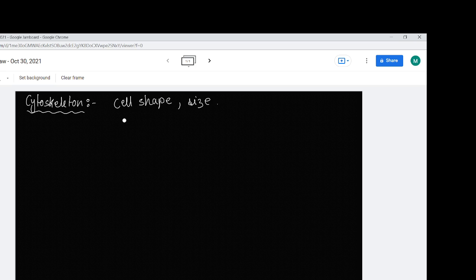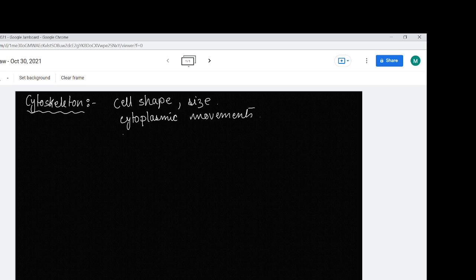Also, they will help in movement. The cytoplasmic movement that takes place will be due to this cytoskeleton. So, different types of cytoplasmic movements. Then the movements of cilia, flagella, spindle fibers, or the formation of spindle fibers, centriole, cilia, and flagella will take place because of the cytoskeletons.